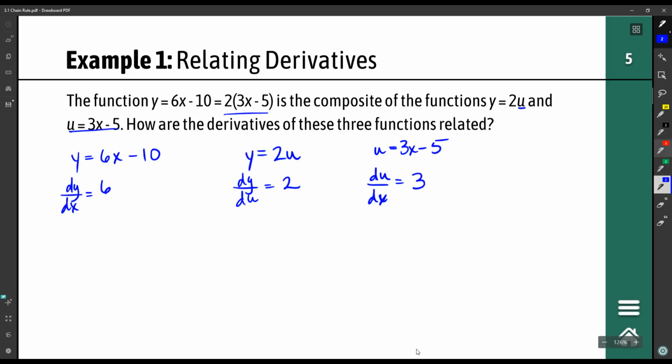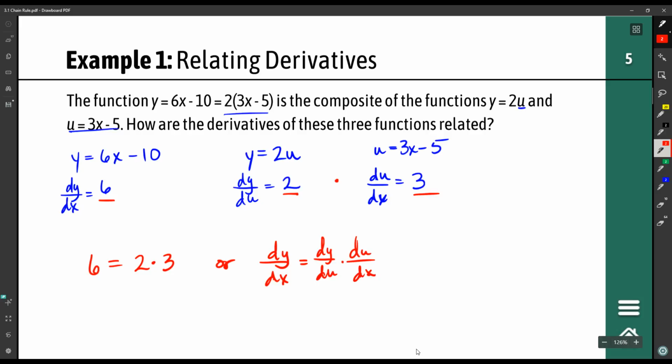Well, you probably already see it. We have dy/dx, 6, might be equal to dy/du, 2, times du/dx, 3. So we can write that as 6 equals 2 times 3, or we might write it as dy/dx equals dy/du times du/dx.